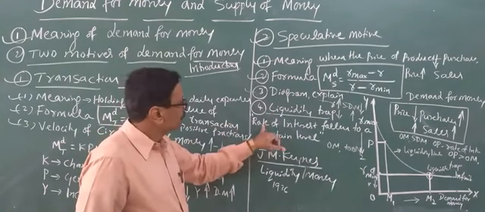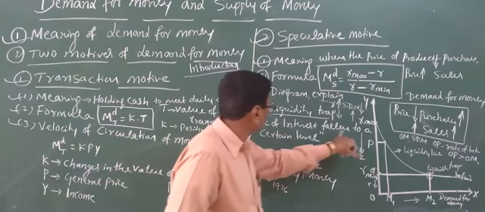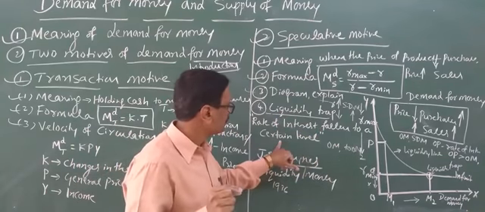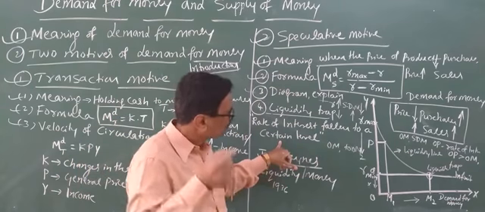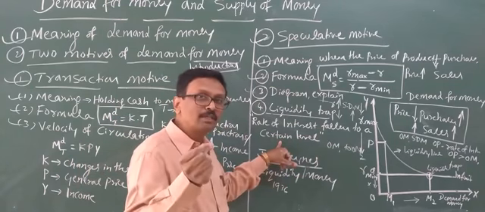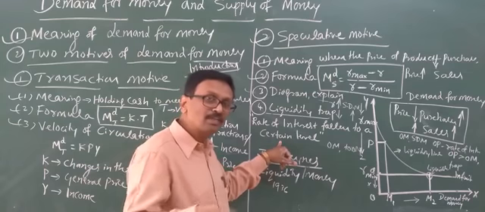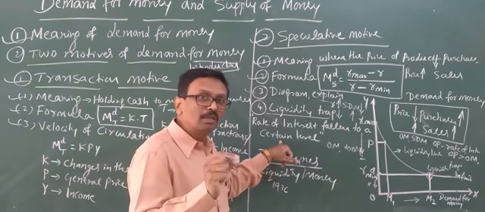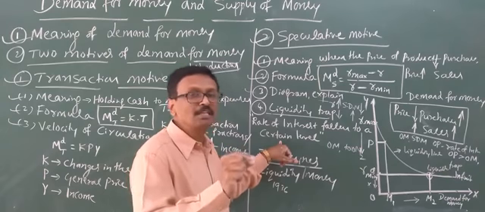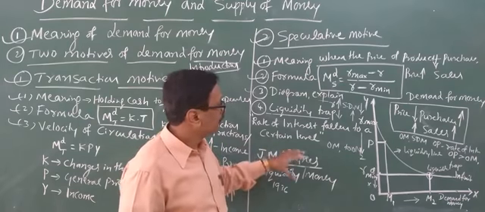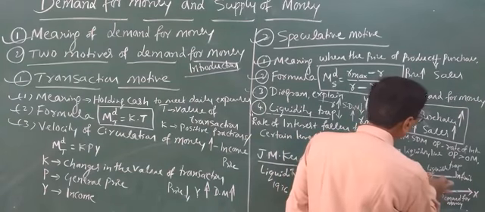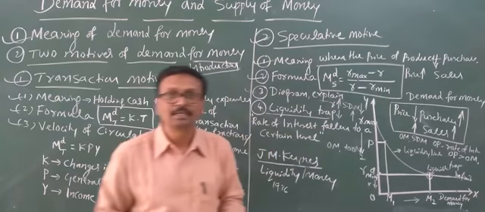Liquidity trap means the rate of interest has fallen to a certain level, and from that point onwards it cannot be reduced. If it is reduced, it incurs loss to the financial institutions. You can clarify this in the entire diagram. The liquidity is the demand for money.